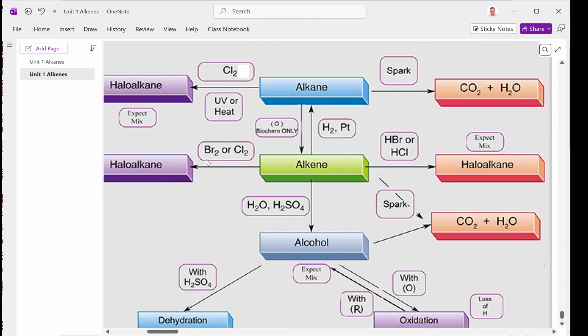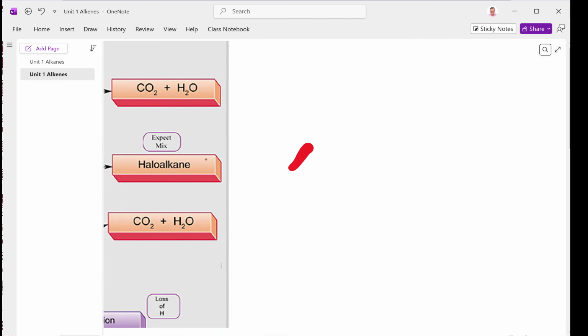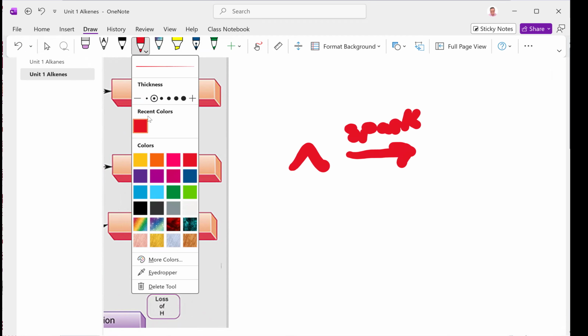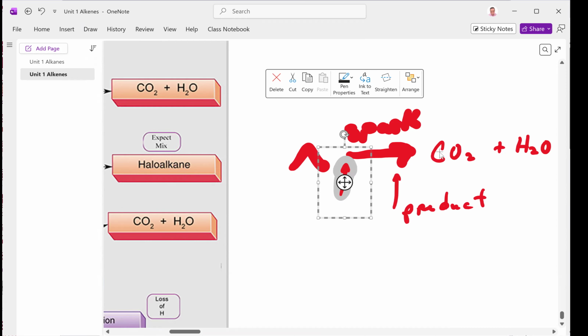So if we start with, remember now, the arrows. Okay, so let's take propane. The arrow points to the product, and the tail is attached to the reactants.